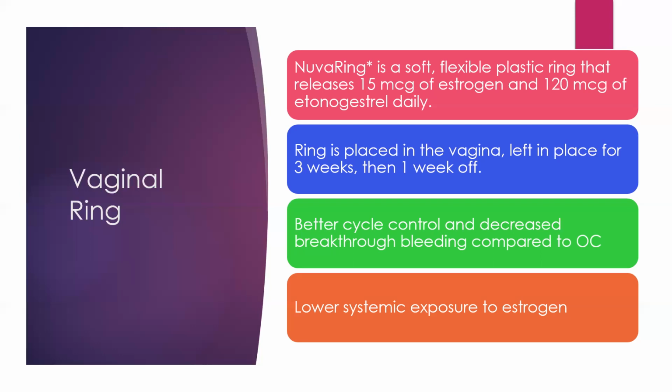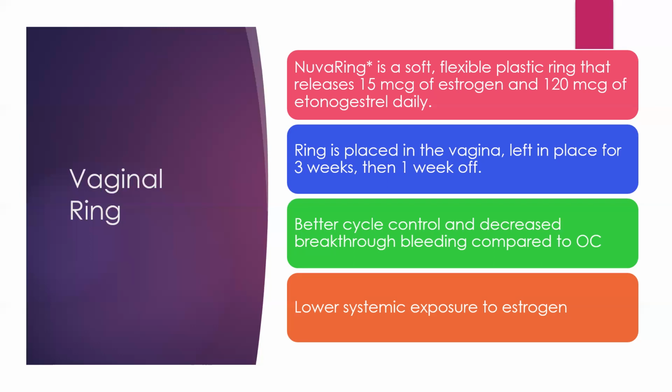NuvaRing is contraindicated in females who have or develop the following conditions: high risk for arterial or venous thrombosis, liver tumors, undiagnosed abnormal uterine bleeding, pregnancy. Precautions: bleeding irregularities like amenorrhea, spotting, or unscheduled bleeding can happen.